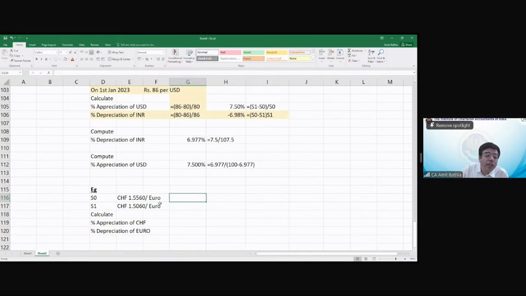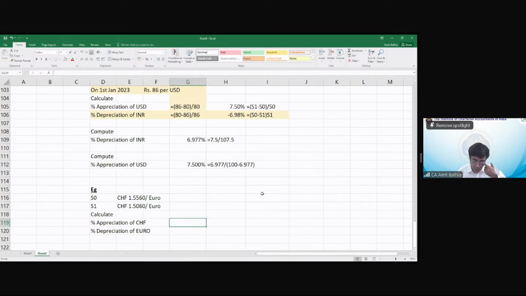Euro. Your pricing currency is CHF. I repeat, base currency is euro, pricing currency is CHF, and the currency which is appreciating over here is your pricing currency. So what is the percentage change?